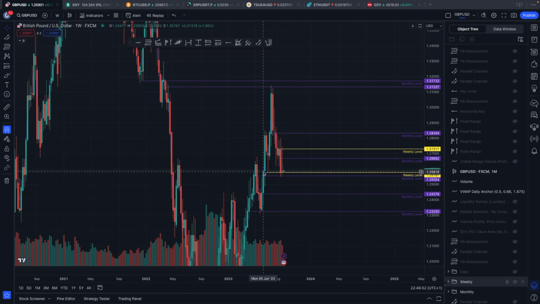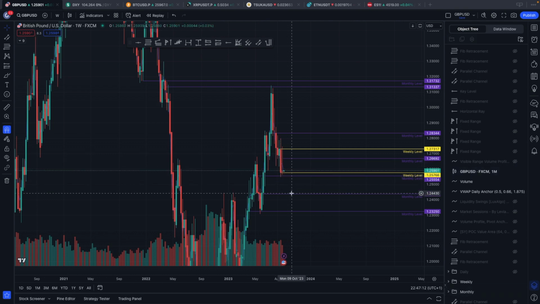I'll put this one here because it's pretty much the same, but it's a more accurate display. You can see we've retested it, went really high up all the way to that weekly, came back down, and we've got another weekly. So are we going to head up or down? Well, we'll find out.